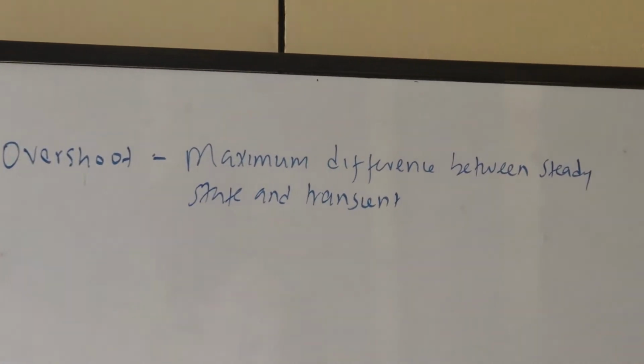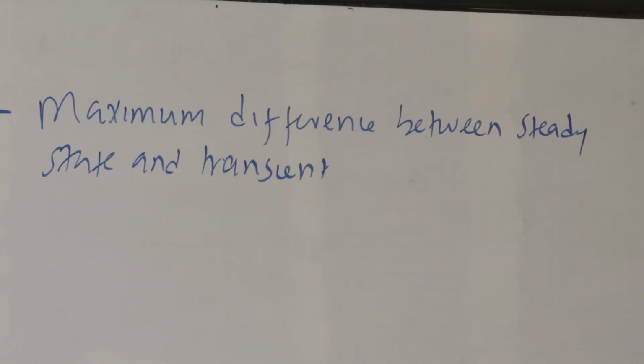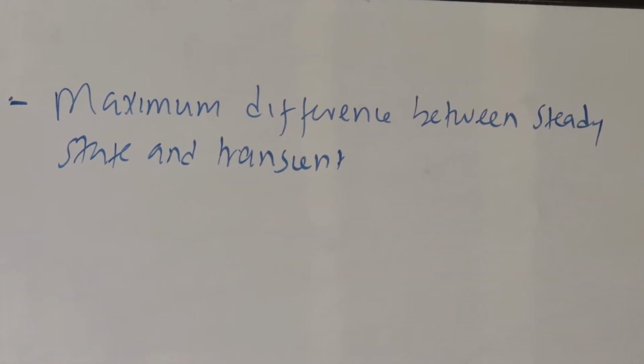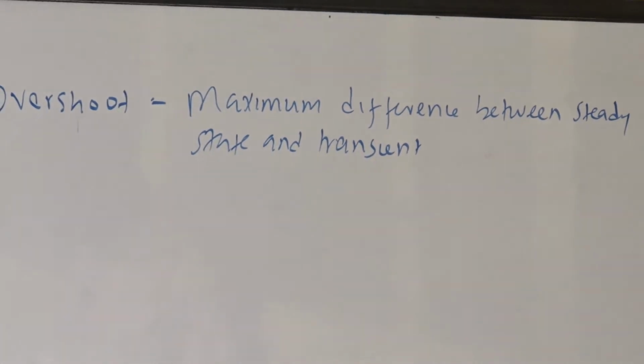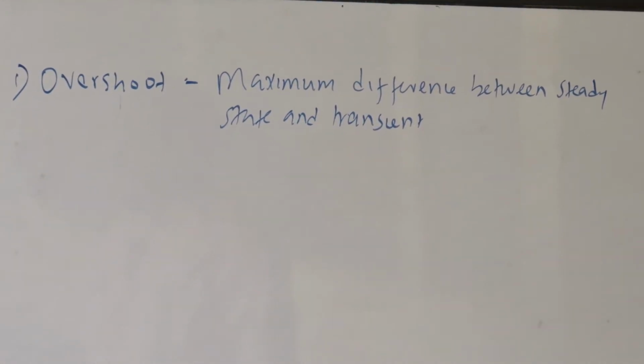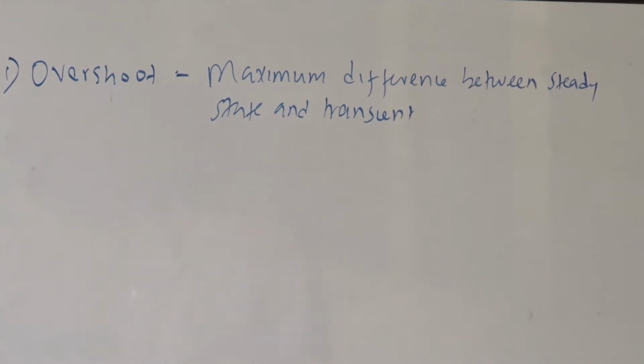At times we refer to it as the maximum overshoot, and it is always a measure of relative stability, and it is often expressed in percentage of the final value.